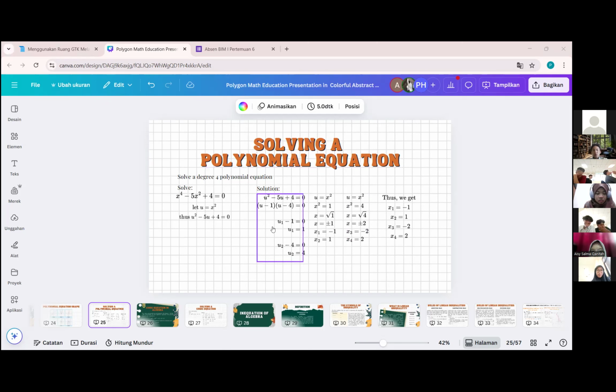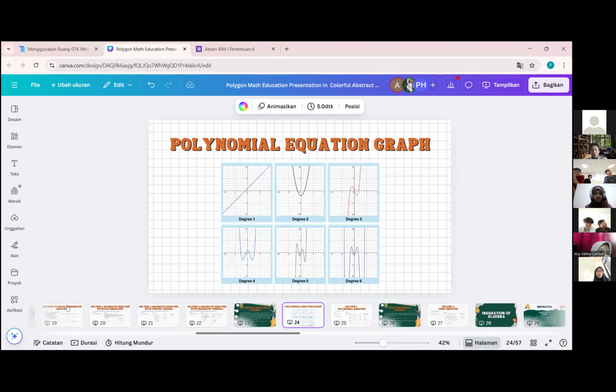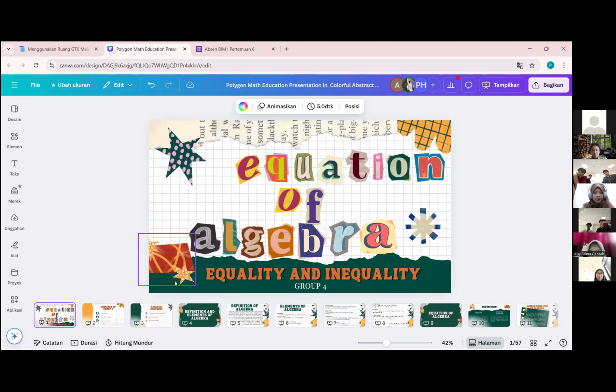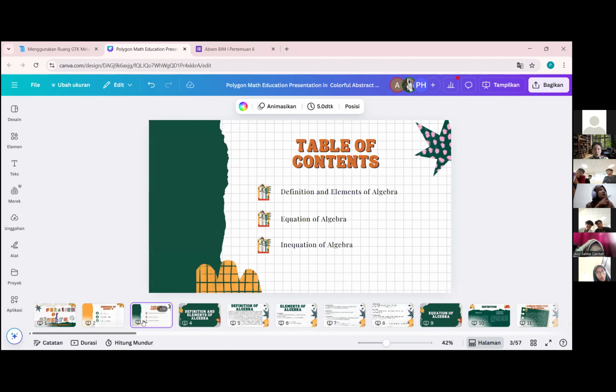Iya, kita mulai dari awal ya, Bunga. Ini kan equation of algebra. Di slide 3, ada definition of an element of algebra, terus equation of algebra, in equation of algebra. Nah, maksudnya in equation apa?